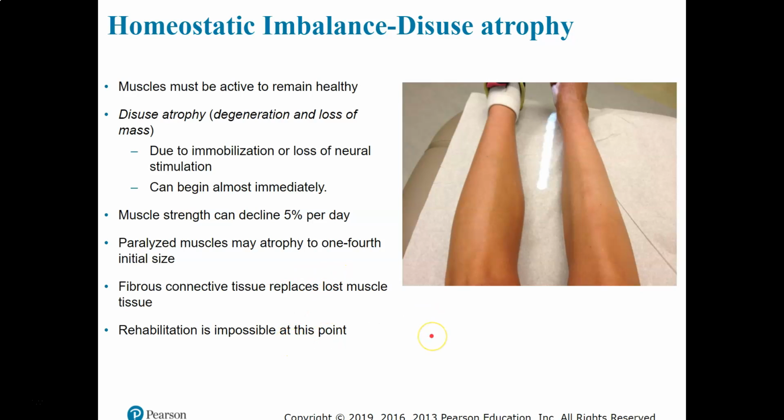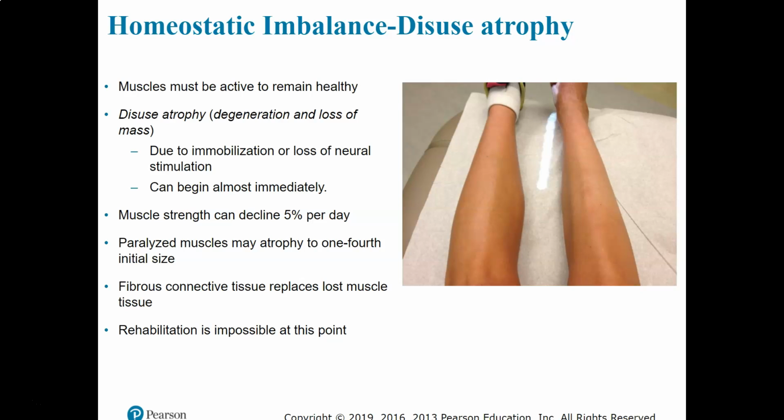So in this image, this patient had a stroke that meant that half of their body was no longer getting proper neural stimulation. And you can see the difference in size of the muscles between this leg and this leg. And that muscle strength can actually decrease rapidly, as much as 5% of the muscle strength lost per day.